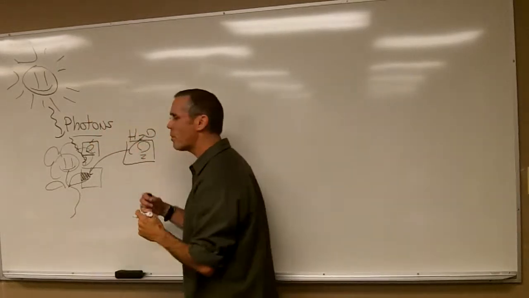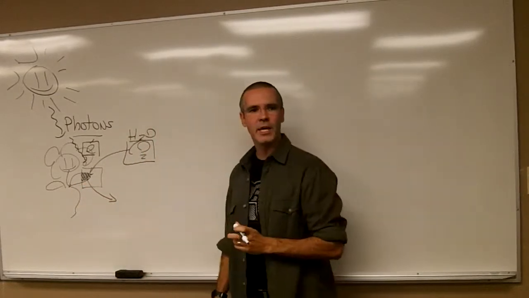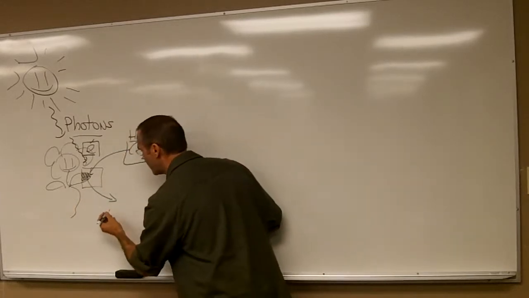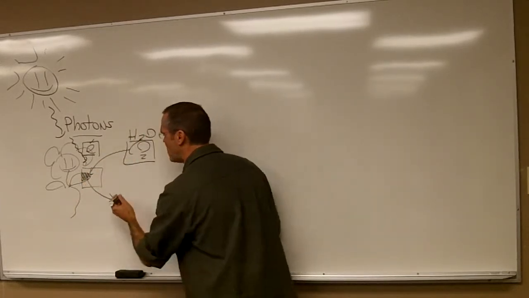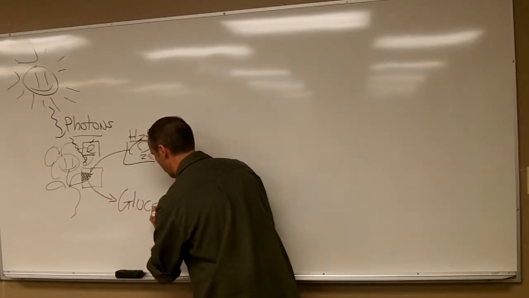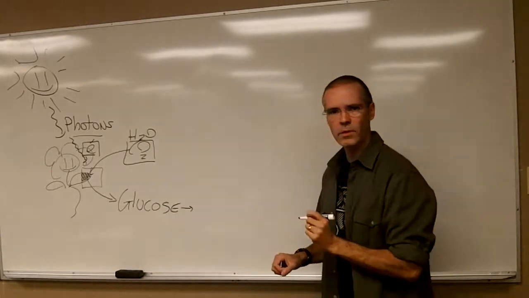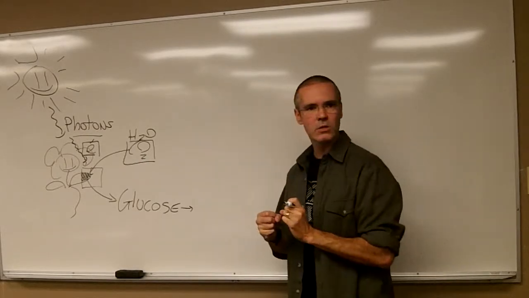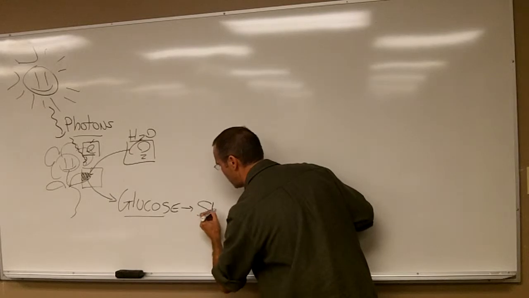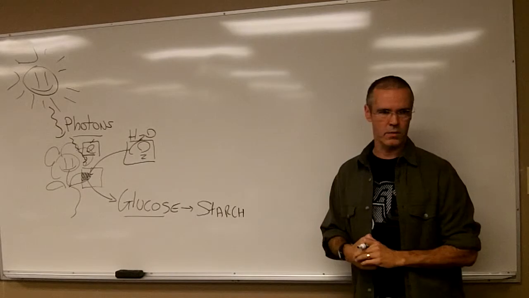They will use that carbon dioxide and turn it through something called a Calvin cycle, which we will see. And with the Calvin cycle, turn this carbon dioxide into a molecule called glucose. Glucose will be transformed or compacted together or attached to one another, because those are subunits, into something called starch and other types of molecules.